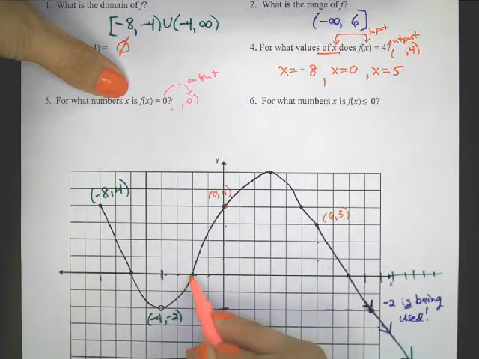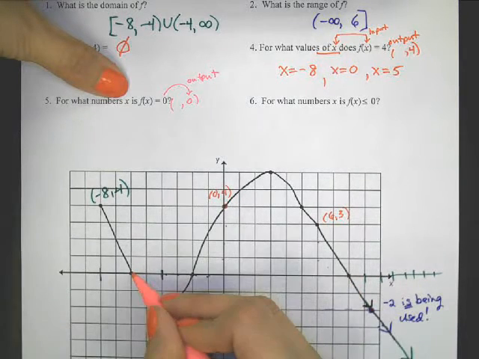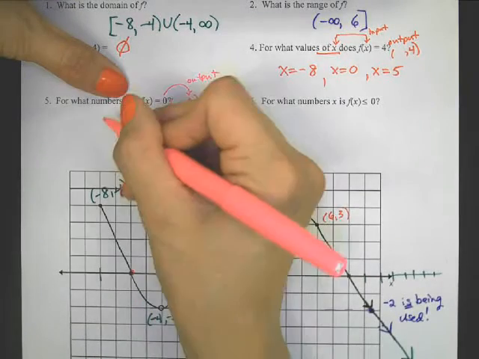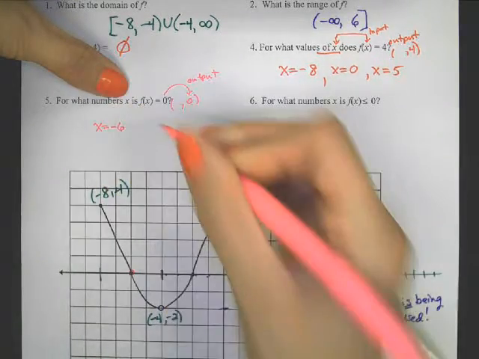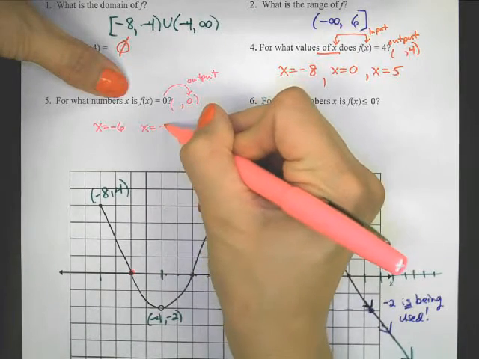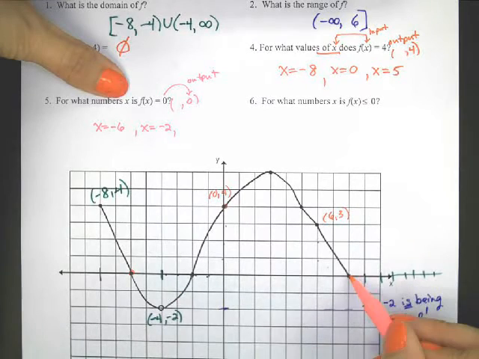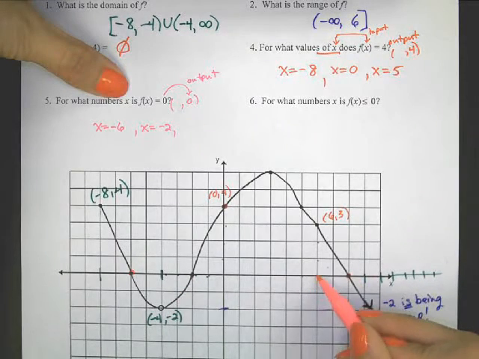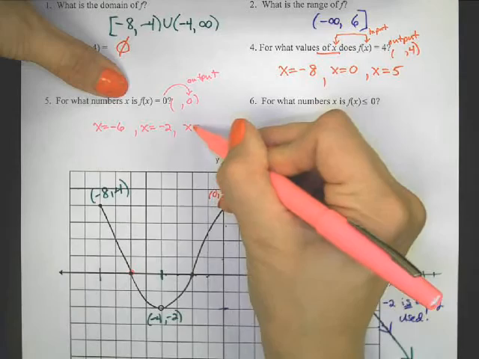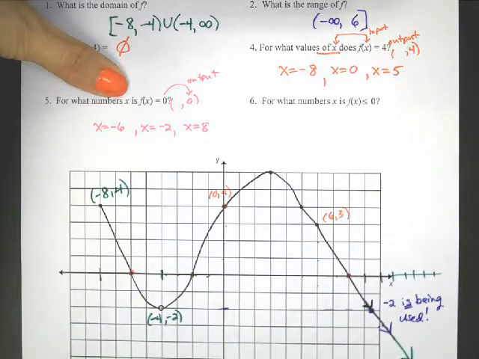Well, that's right here at these x-intercept places. So we've got one right here, x equals negative 6. I've got one right here, x equals negative 2. Does it touch 0 anywhere else? Yes, right here. 5, 6, 7, 8. X equals 8. There's 3 places where it equals 0.